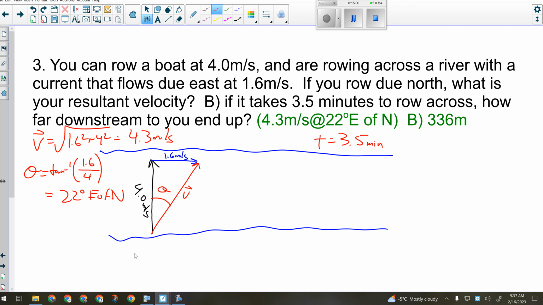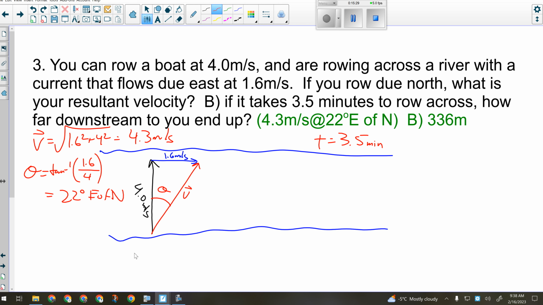Okay, unlike the displacement vectors where it's like this one happened and then this one happened and then this one happened, velocity vectors can happen concurrently. That means they happen at exactly the same time. So while I'm rowing, I'm also floating down the river. Okay? I don't end up straight across the river. The only way I would end up straight across the river from here is if I rowed this way and let the current push me back to straight across. Follow my logic on that?